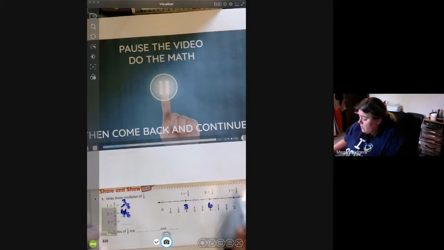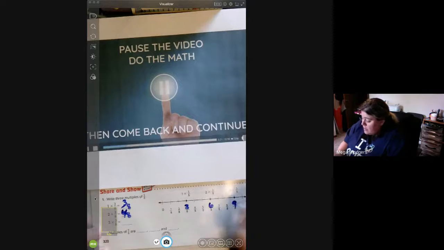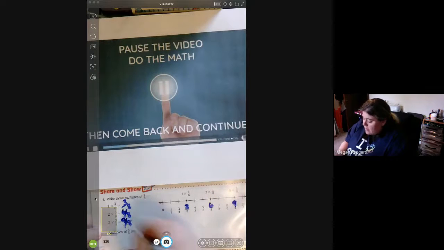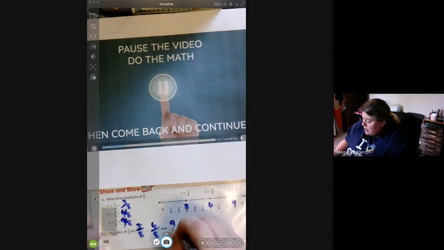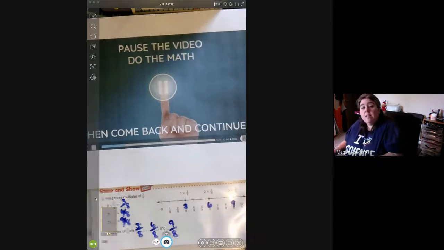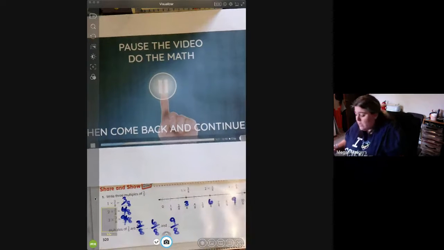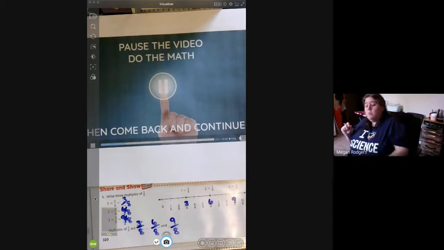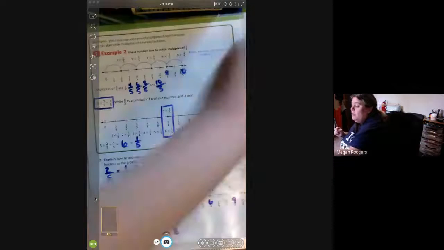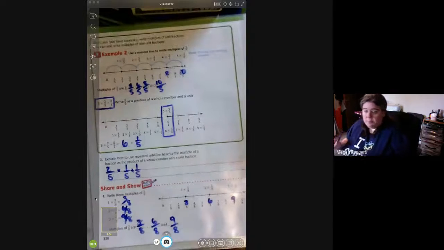And if we continue along, 3 times 3/8, that's going to be 9/8. So when I write them in here, I have 3/8, 6/8, and 9/8. And again, just like last week, please notice I'm not using those answer lines as my fraction bar. I'm writing my own fraction bar there. So make sure you do that.